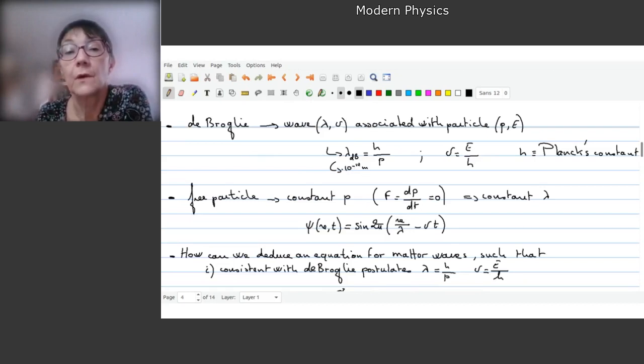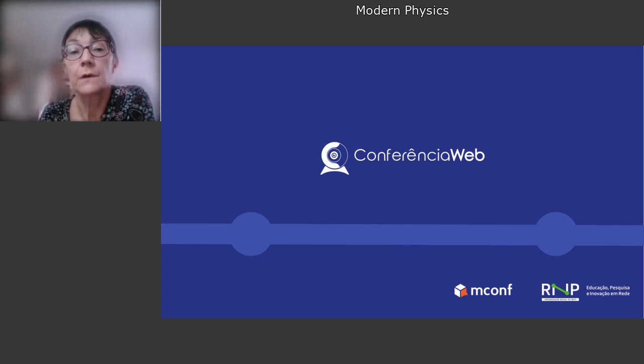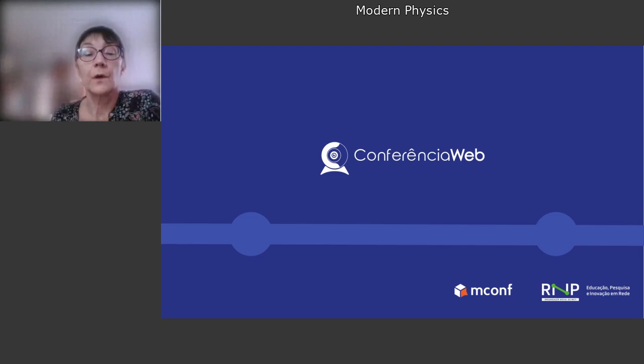It was observed through diffraction of these waves by crystals, nickel crystals particularly, where you have families of atomic planes which are separated by this kind of distance, angstrom, 10 to the minus 10 meters. Smaller than that, you arrive at the intra-atomic dimension, so this is much more difficult to observe.